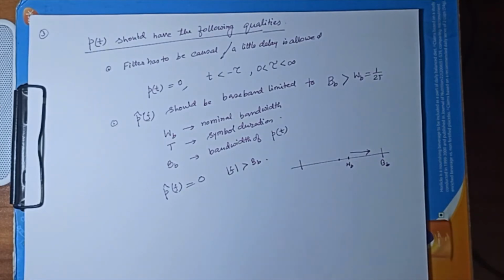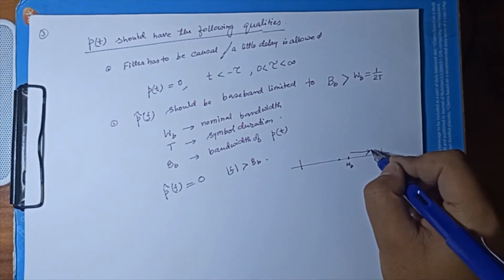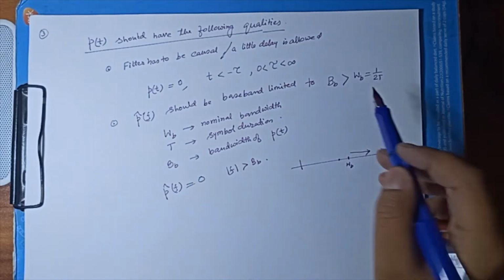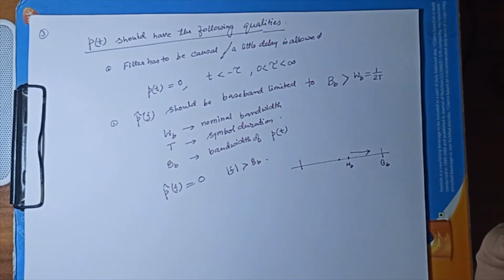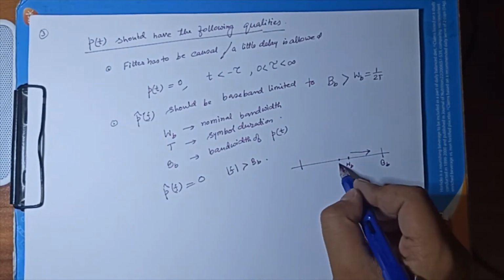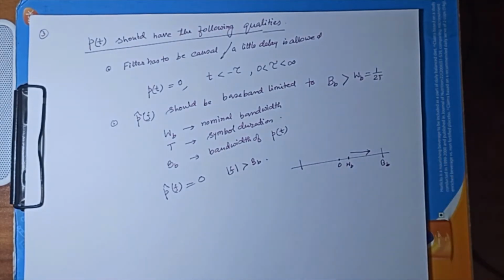There will be some requirement which I will show. If we can increase W_B, that will decrease T, and decreasing T means you can increase the bit rate. As the time period decreases, you can send the same amount of bits in less time, so that increases the bit rate. That is a useful objective. So we really do not want B_B to be very large compared to W_B. It will be close, and that condition we will develop today.